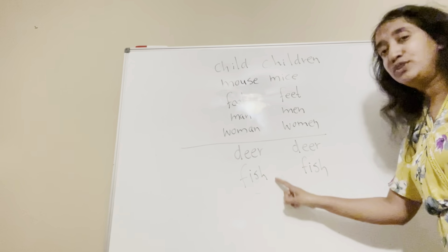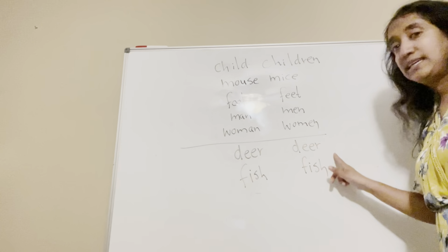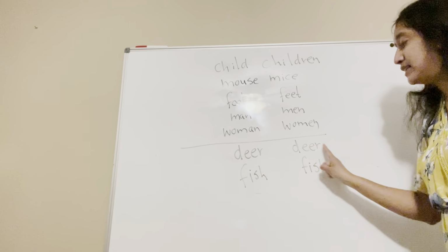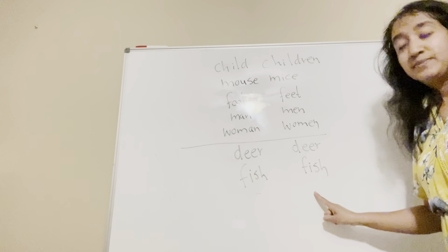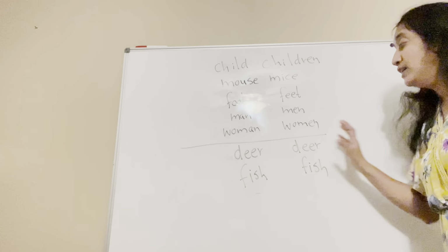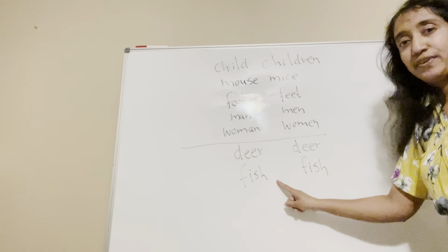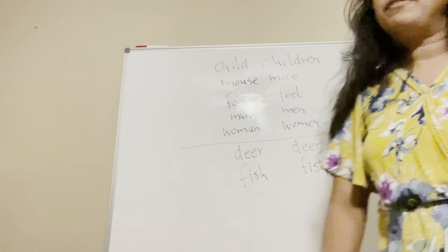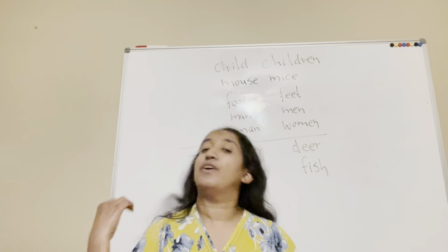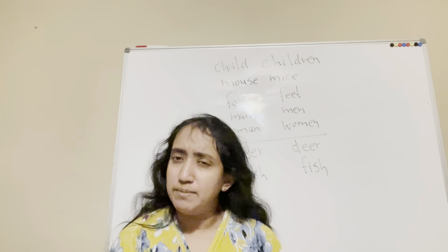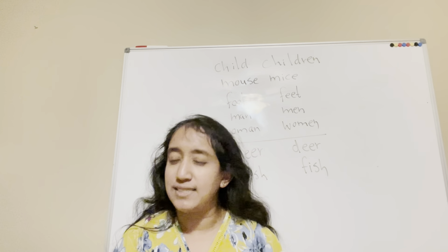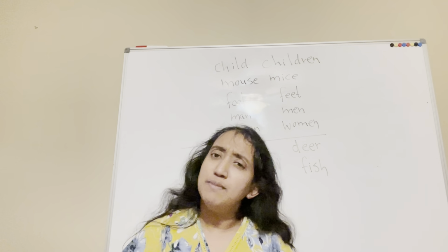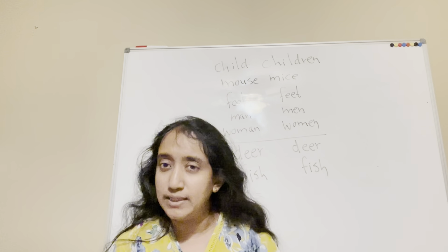And I have put two examples here: deer, deer, fish, fish. So this is a special rule. For words like deer and fish, we do not have a separate word for the plural. Sometimes we use deer as a singular word, sometimes as a plural word.